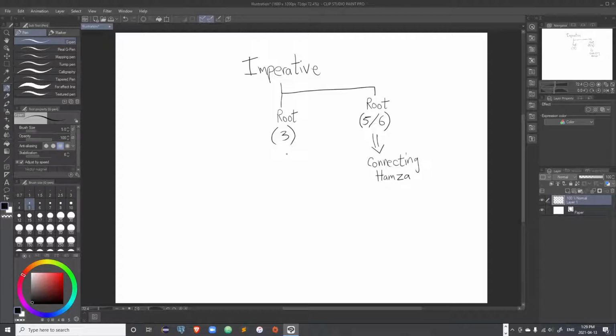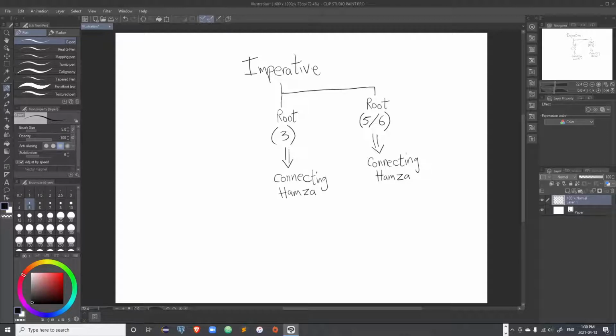However, those could be prepositions or conjunctions, sorry. They will not be roots of verbs. This is also connecting hamza. Connecting hamza, there we go.